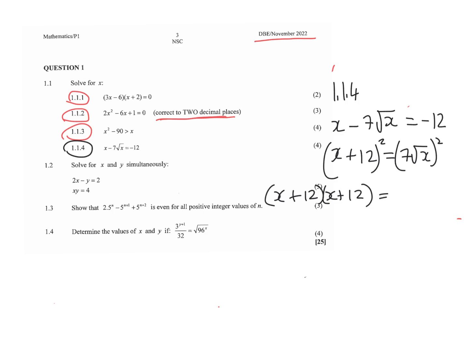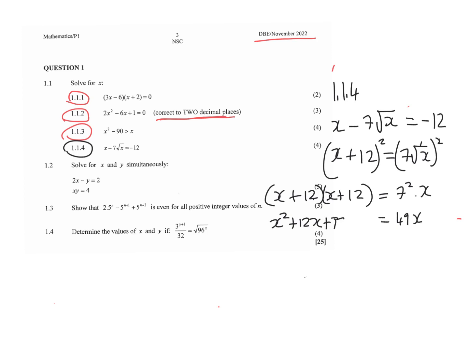On the other side, we are going to have 7 squared times x, which is 49x. We multiply out this bracket. x times x is x squared. x times 12 is plus 12x.